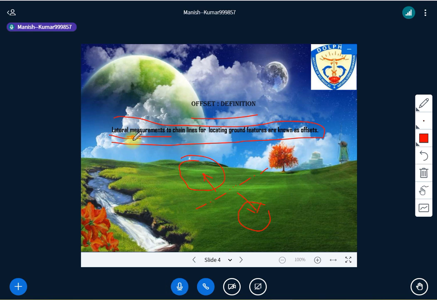Since you reside in a certain area, there are certain lanes. Consider a lane as a chain line, and features on both the left-hand and right-hand sides. You are locating those features and measuring the distance. That is called lateral measurement. Keep this visualization in mind and you can easily understand the offset. Is there any question on this definition from anyone?